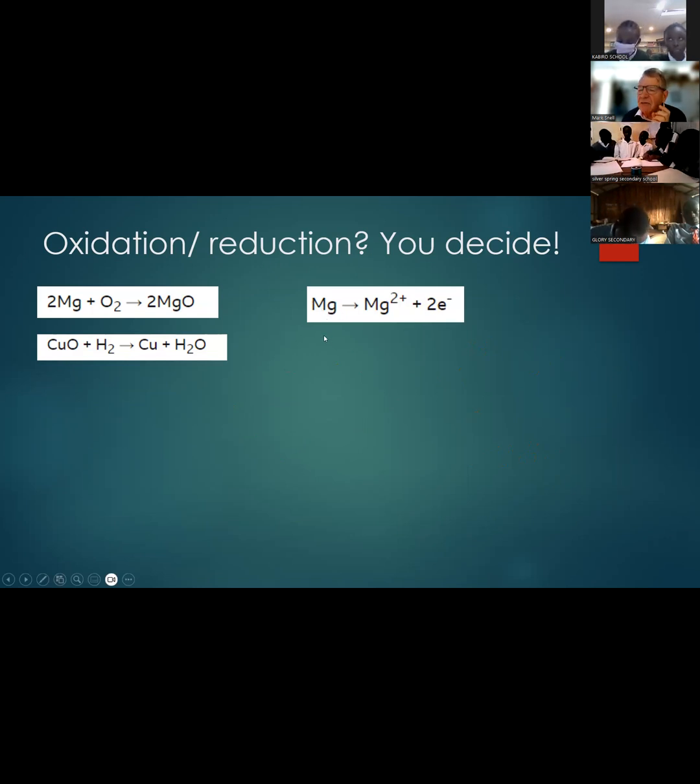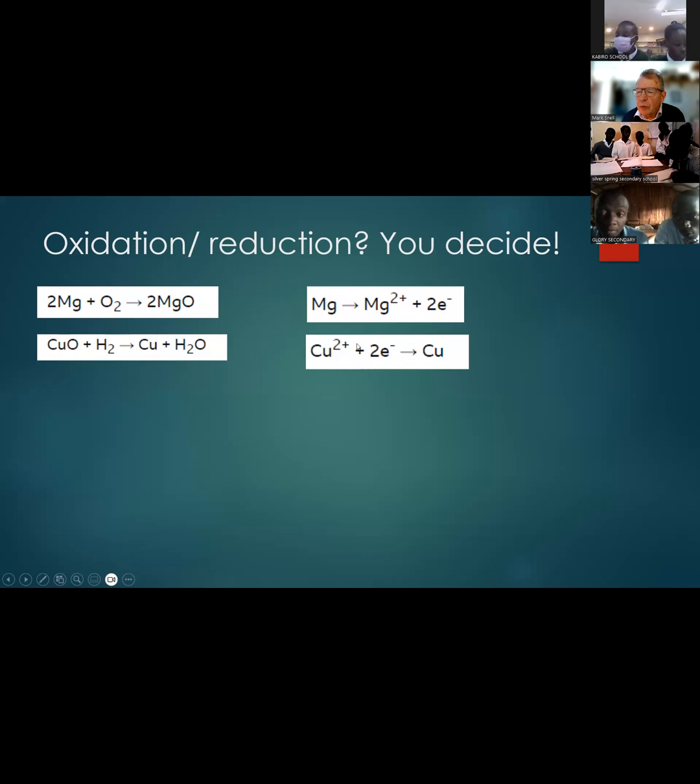The Mg must have lost the electrons, and if it loses electrons, that is oxidation. In this one here, Cu2 plus 2 electrons, that is gaining electrons. Gaining electrons is reduction. So that one is reduction.